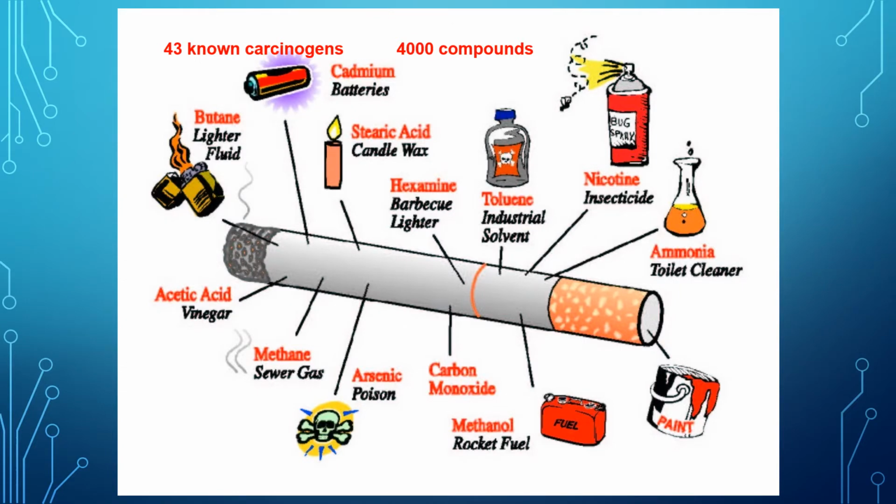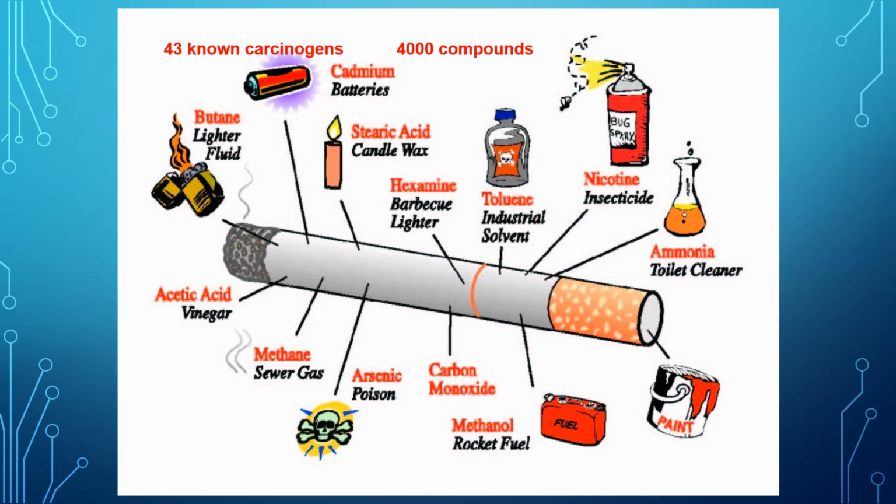This is the content of cigarettes. Do you know what the content of the cigarettes is? 42 non-carcinogens and 400 compounds are present in one cigarette.